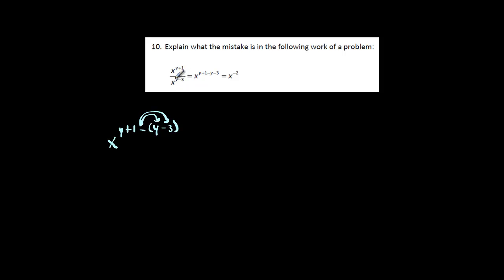They didn't distribute it to the y and the negative 3. They only distributed it to the y. That's how they got the negative y here. But if they had distributed it to the negative 3, they should have gotten plus 3 over here, but they didn't have that. So the mistake is that they didn't distribute the negative properly. They didn't subtract all of the denominator's binomial from the numerator's binomial exponent.